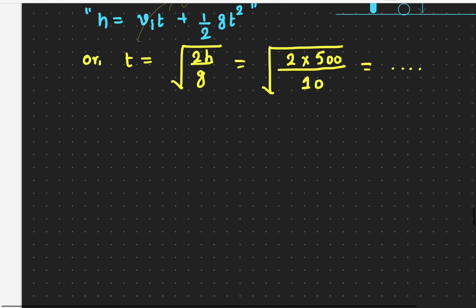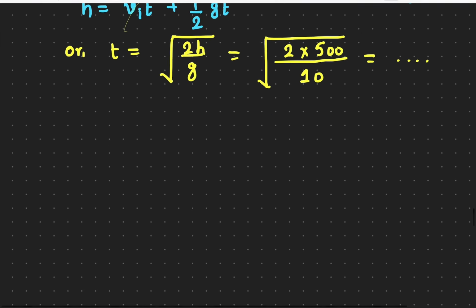And now the next thing is the final speed when it reaches the ground. For that one I can use this equation. And again you can use the other equations too to solve it. For now I'm using this equation here.